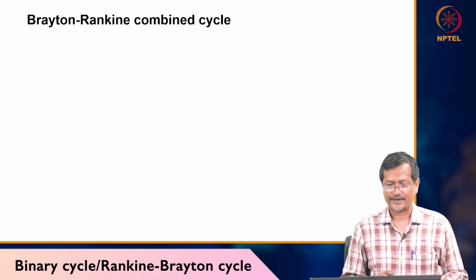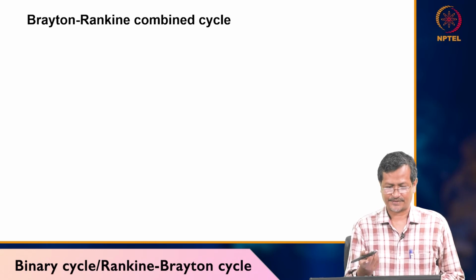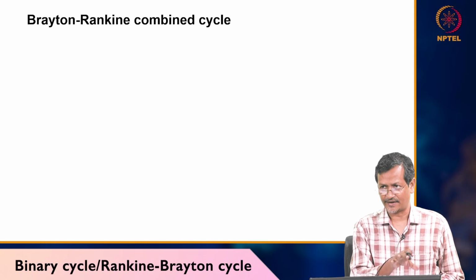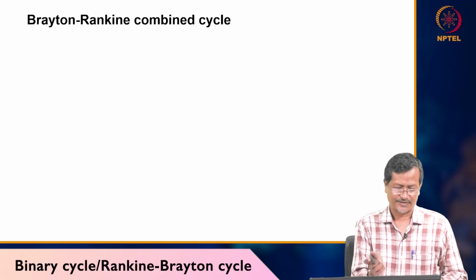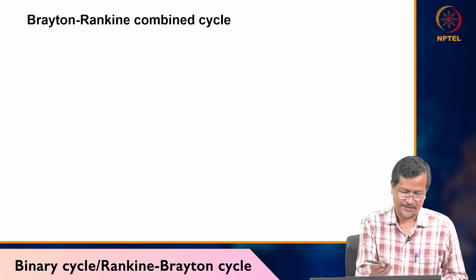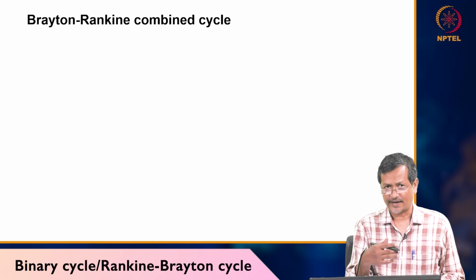Again, Brayton-Rankine cycle. In the previous part you have seen Rankine-Rankine. Now you have the Brayton-Rankine cycle. So you have some waste heat and you want to run another cycle. Normally the Brayton cycle will be running at higher temperature.